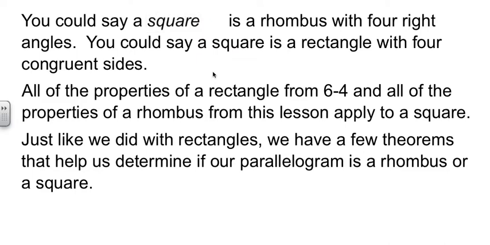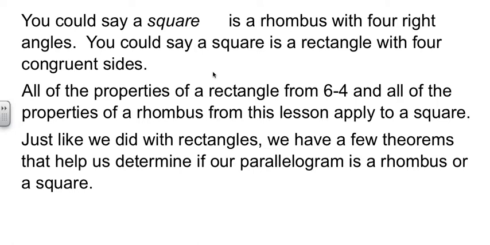Now when we talk about a square, you can think about a square in two different ways. You could say that a square is a rhombus that has 4 right angles. That would be accurate. You could also say that a square is a rectangle with 4 equal sides. That would be accurate as well.